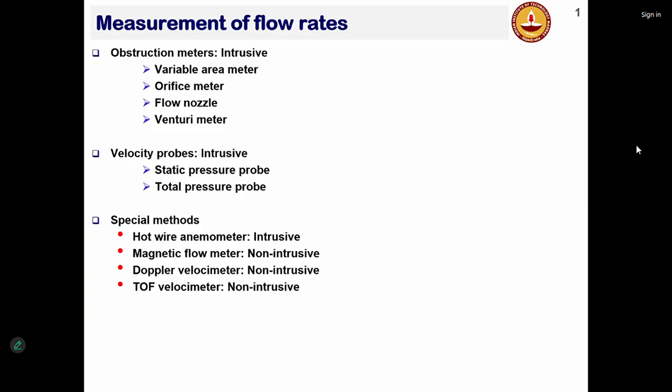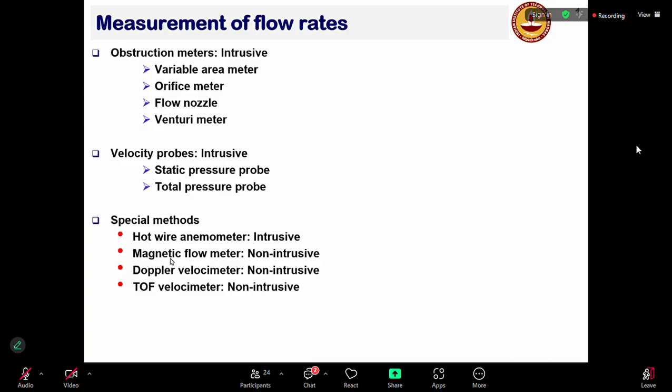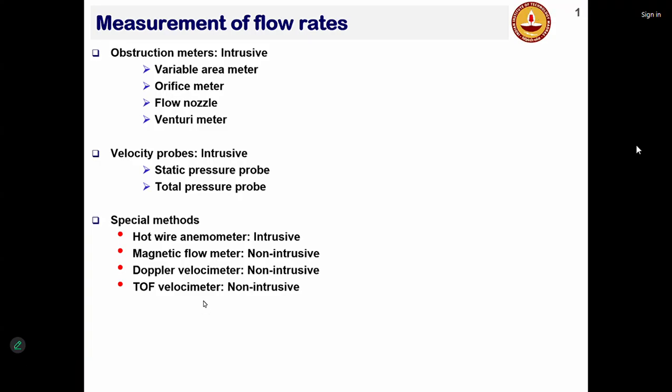the flow rate. Then towards the end, we talk about some of the non-intrusive methods of flow rate measurement, namely the magnetic flow meter, Doppler velocimeter, and time of flight velocimeter.